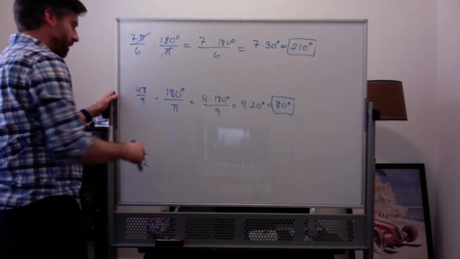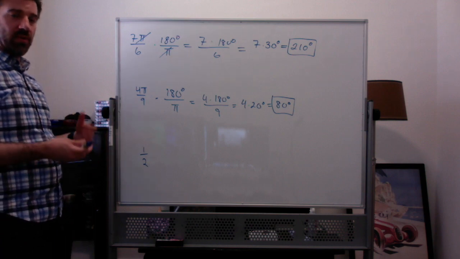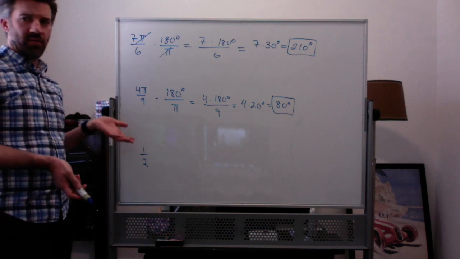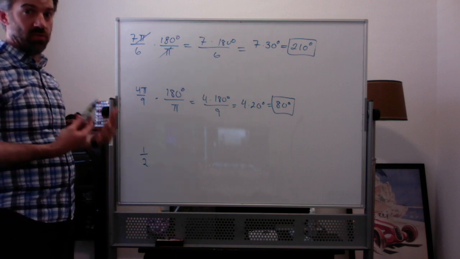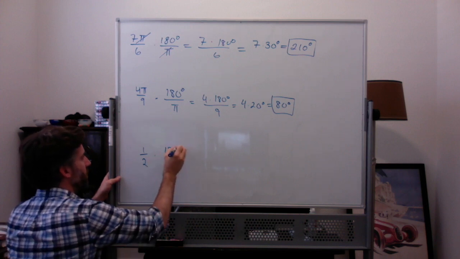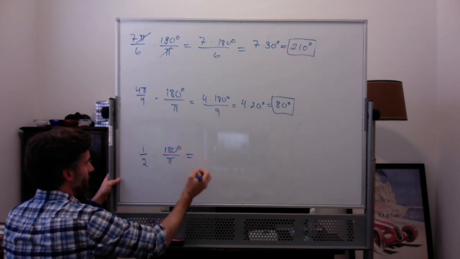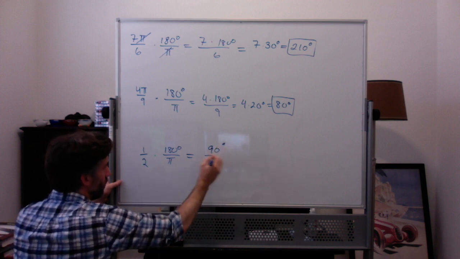And then finally, 1/2. Again, if you don't see a pi in it, you should think of it as being kind of a weird or strange measurement of radians. Most of our radian measures will be some fractional multiple of pi. So here, if we multiply this by 180 over pi, we're going to get 90 degrees over pi, right?